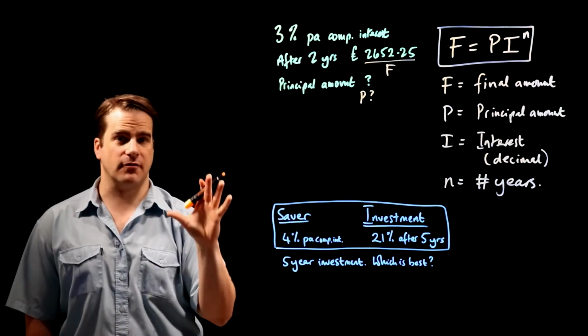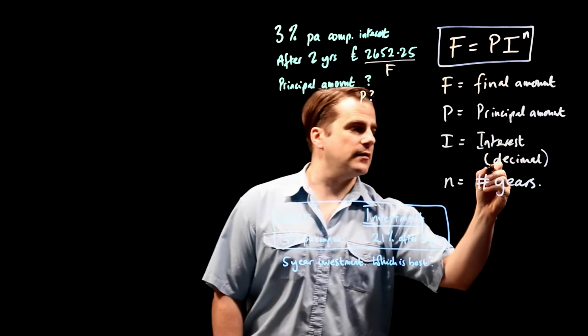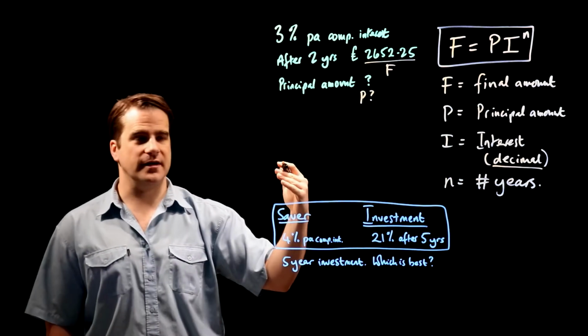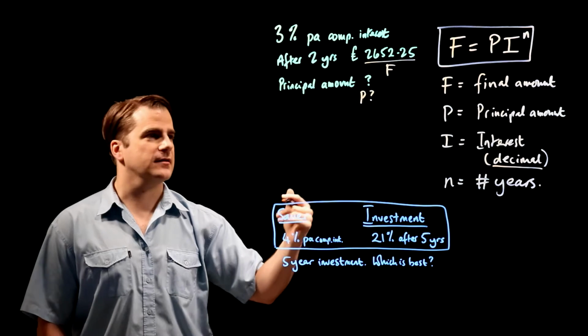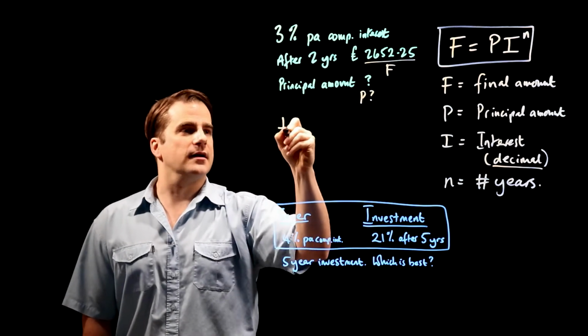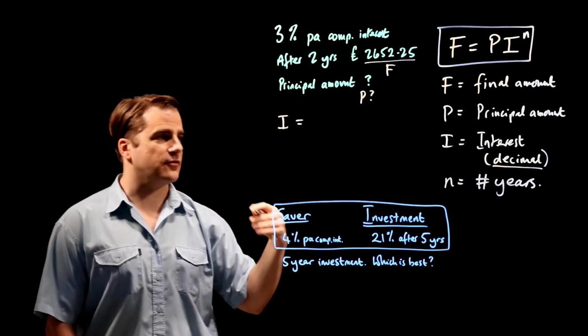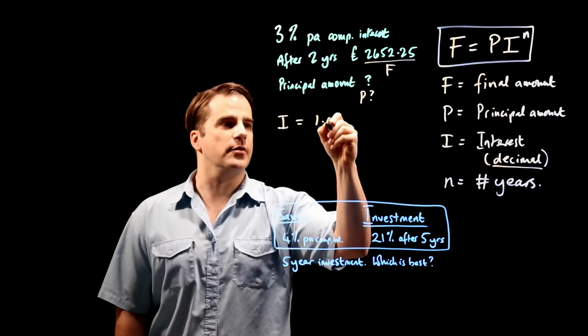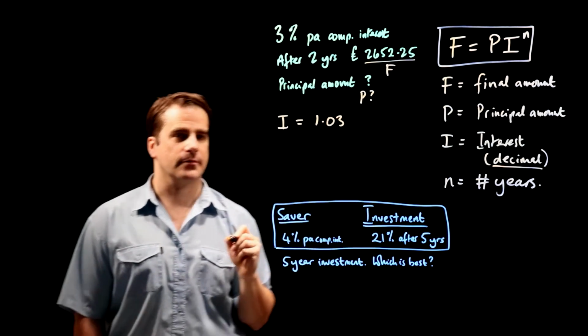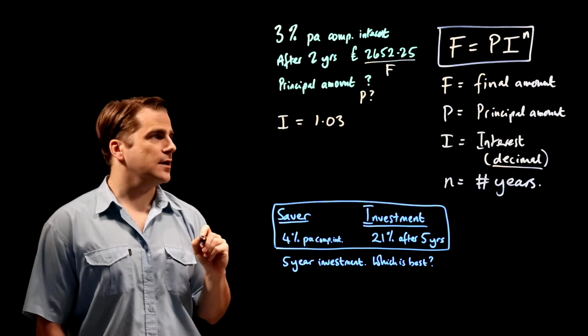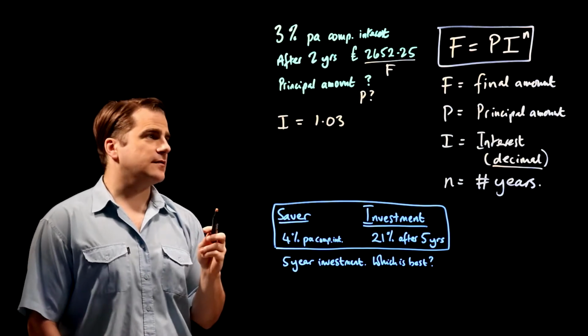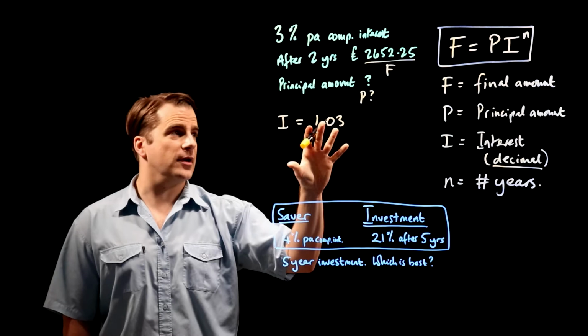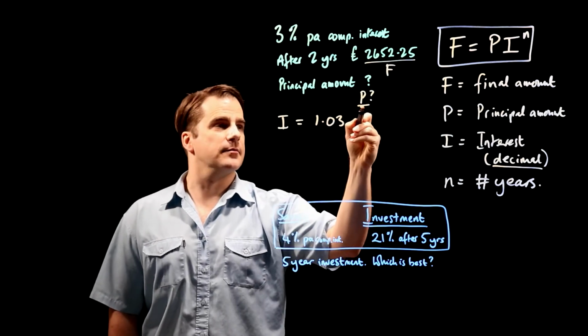We have to express 3% as a decimal. So if you're increasing, interest increases. So an increase of 3% every year is 1.03.